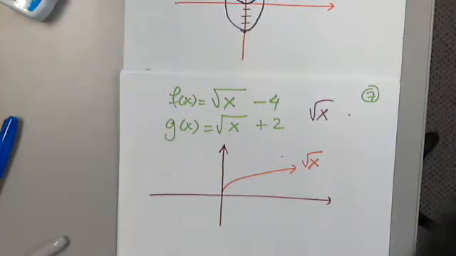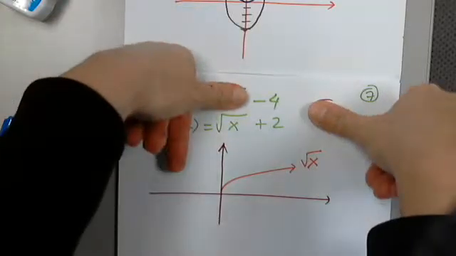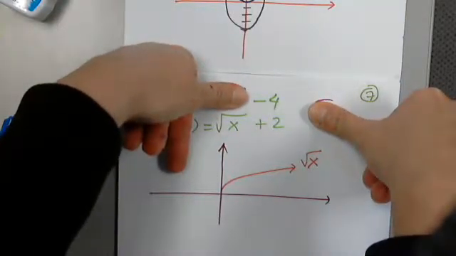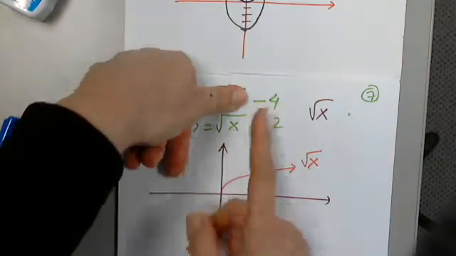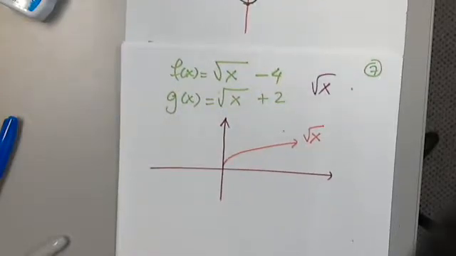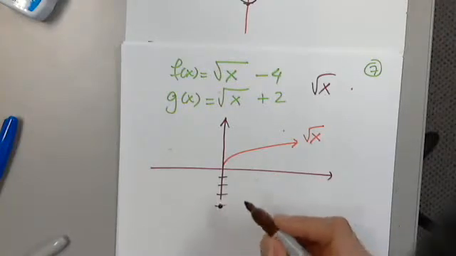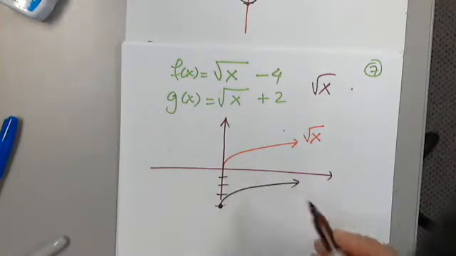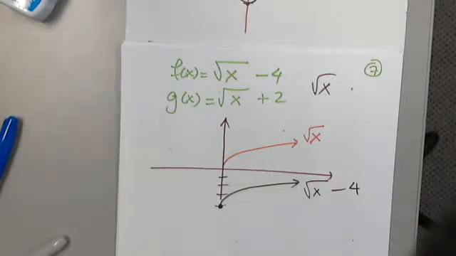Now the question is, am I changing x? No, obviously this is the same thing, it's the y value. But this is just y. What is this? This is y minus 4. Where will I graph and what happens now? Vertical shift, down 4. The square root of x minus 4.